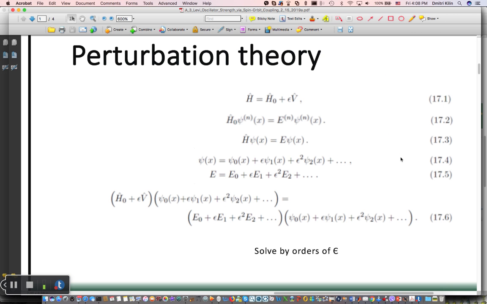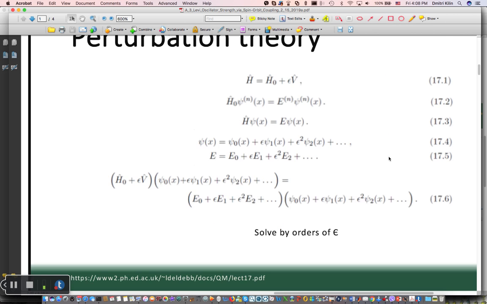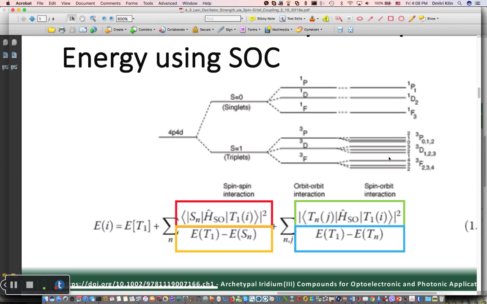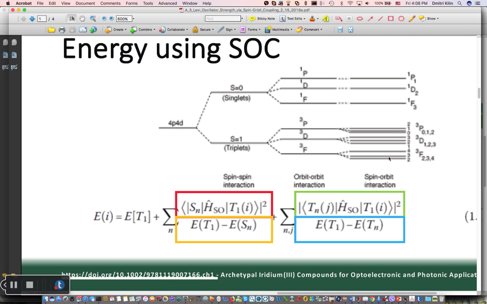If we look at this expression, I took this from this article. This is the zero order term, which is just the energy of the first triplet state. This is the first order perturbation, and then they do second order perturbation theory for this particular implementation. Here we have our matrix element squared over an energy.